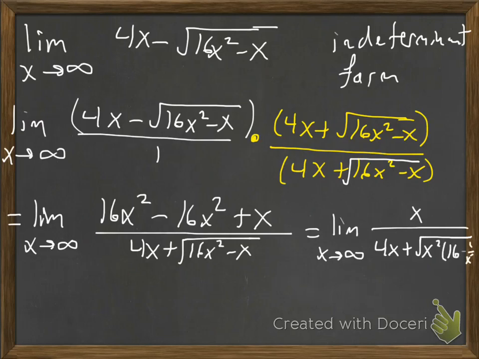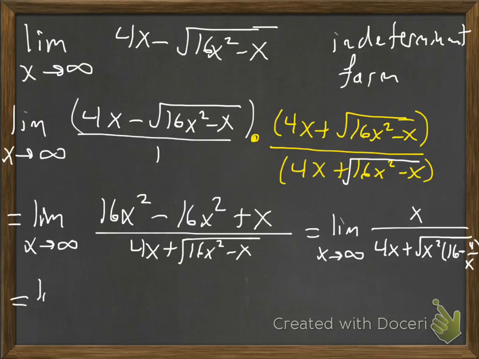x squared minus x. And so what we're going to do here is we're skipping a little bit of steps here, but I'm going to do that same trick of factoring out because it's a square root. I want to factor out an x squared. So I'm going to factor out an x squared.